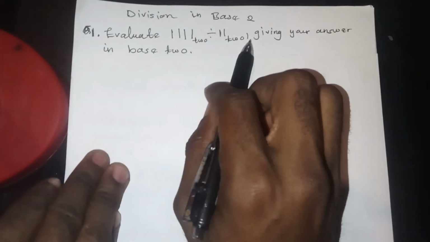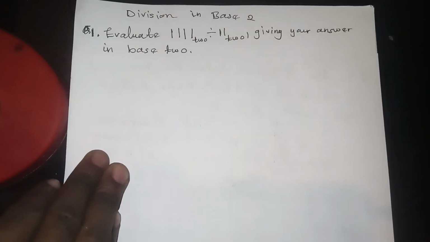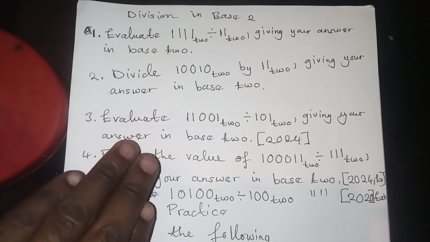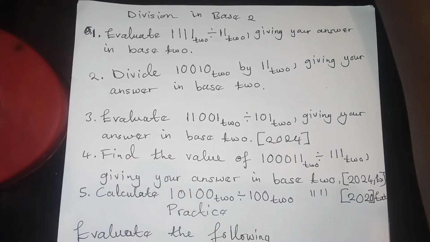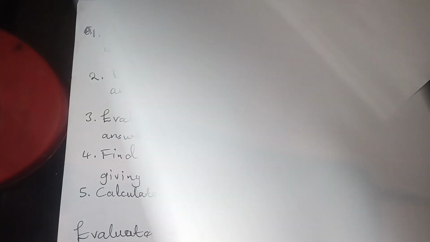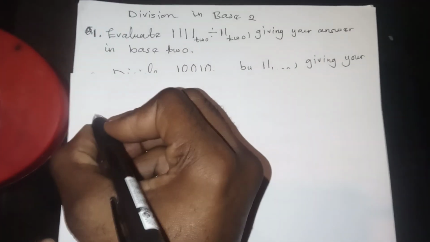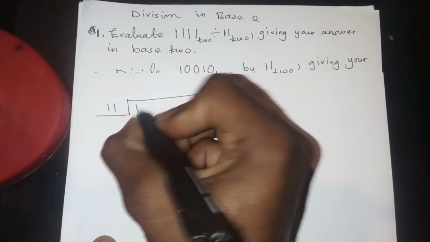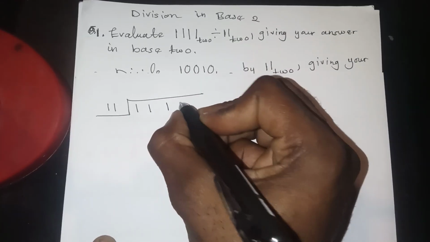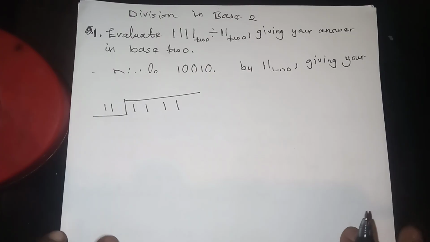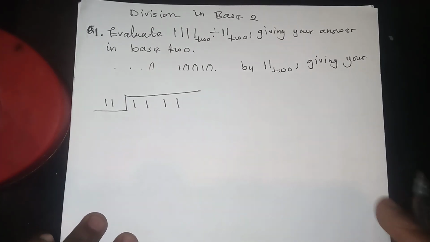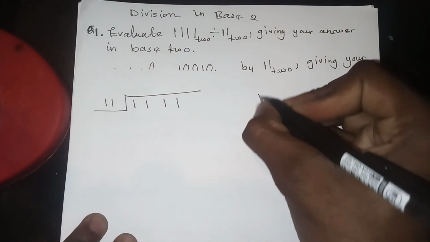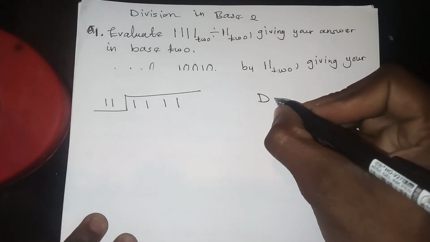Evaluate this number giving your answer in base 2. So there is this method which one of my students, Chimwemwe, taught me. It's basically long division, but for those who have challenges remembering the order of operations, this is something one of my students came up with.